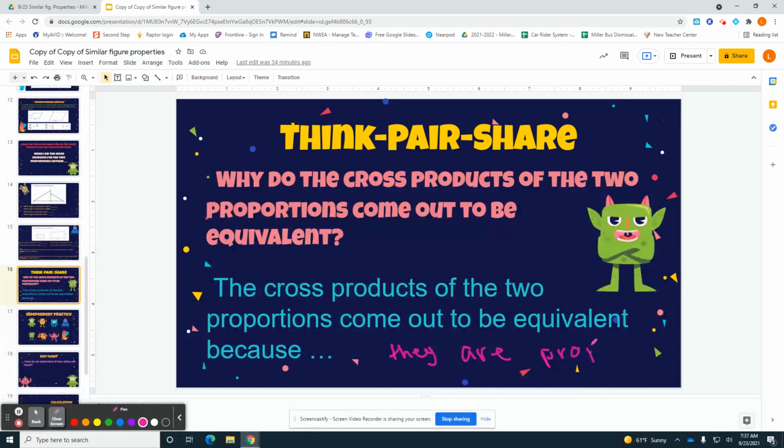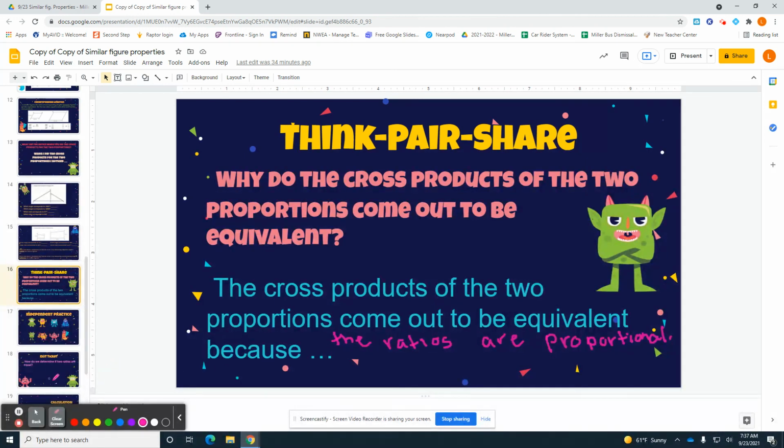So they come out to be equivalent because the ratios are proportional. Let me write that. Okay, and remember you have to write the whole sentence stem and then finish it off.